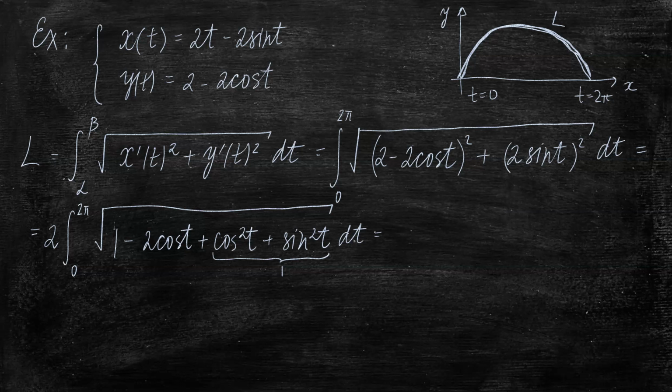So 4 comes out of the radical as 2, so we have another 2 here. So now we have 4. And remember, here we had 2 minus 2 cosine t, but I took out 4, so now we have 1 minus cosine t over 2 dt.